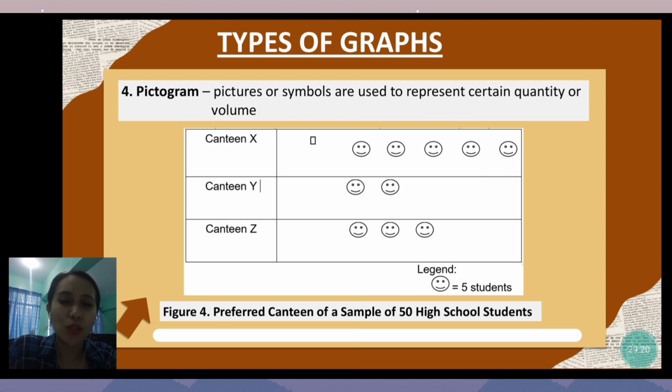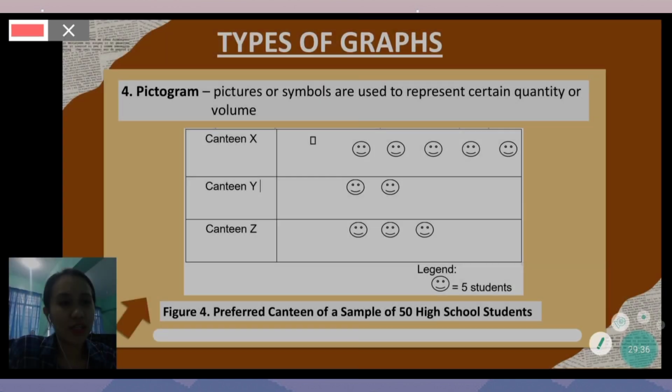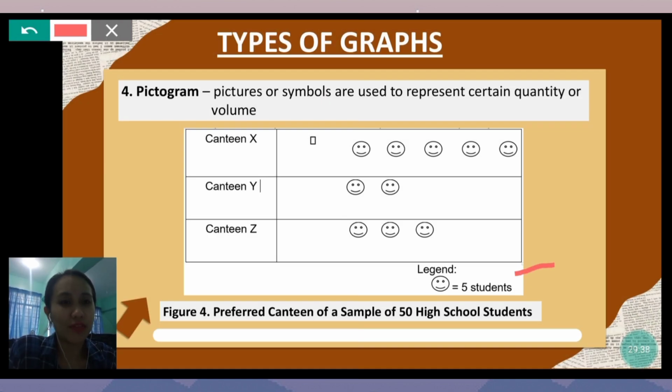Next, we have the pictogram. Pictures or symbols are used to represent a certain quantity or volume. These are the preferred canteens of a sample of 50 high school students. For every smiley face, the legend says it represents 5 students.